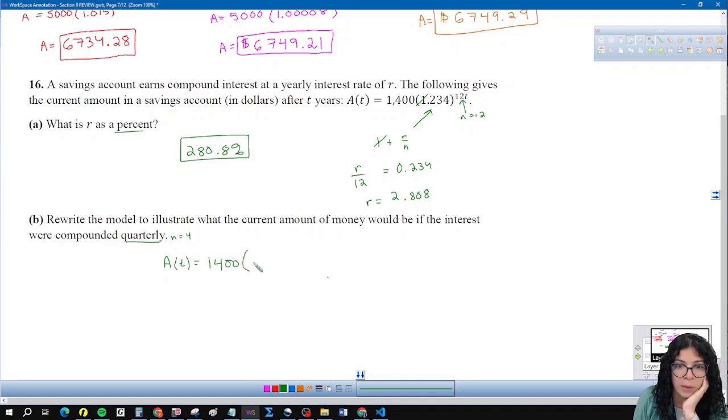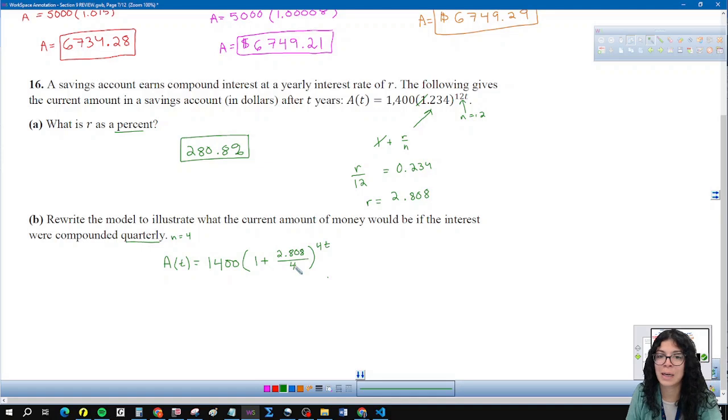But then in here, rather than doing 1 plus the rate, which is 2.808, and dividing it by 12, which would give me back the 0.234, I'm going to divide it by 4, since quarterly means 4 times a year. And then the power, instead of 12t, will be 4 times t.